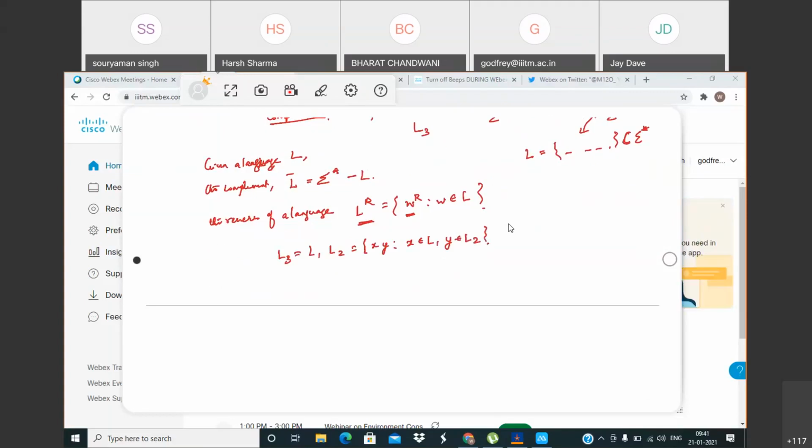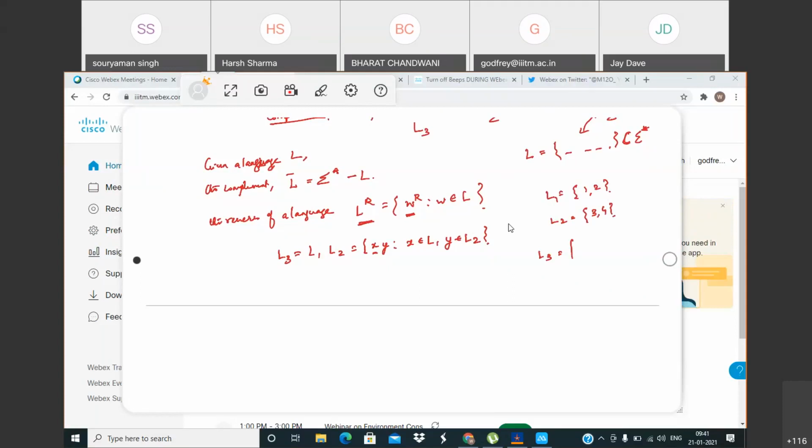So in the concatenation operation, first you are going to have the strings of L1. So if L1 has 1, 2, and L2 has 3, 4, then the language L3 is going to contain the concatenation of L1, L2.